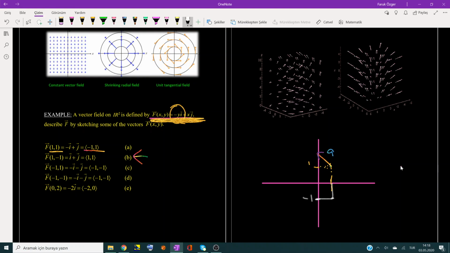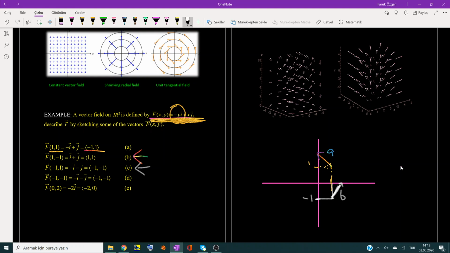What does it mean, the vector 1, 1? 1 unit right, 1 unit up. Something like this. So this is B.